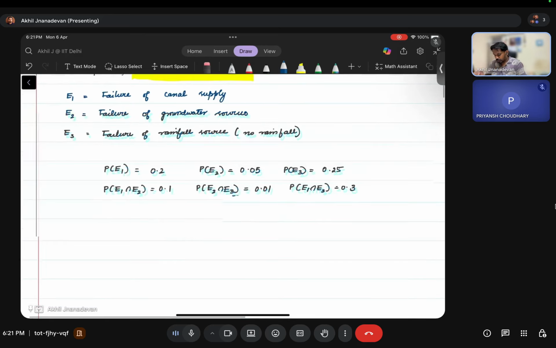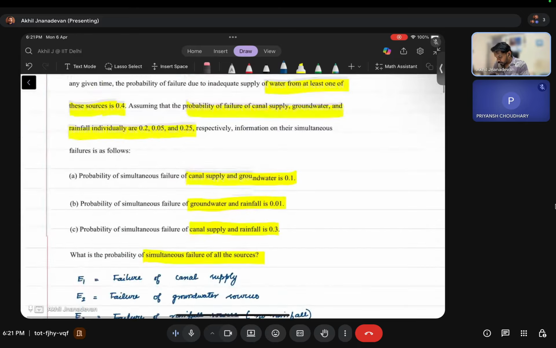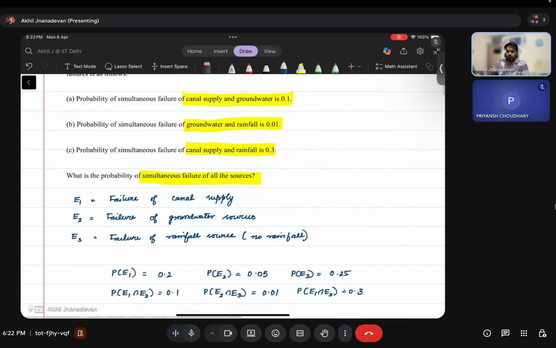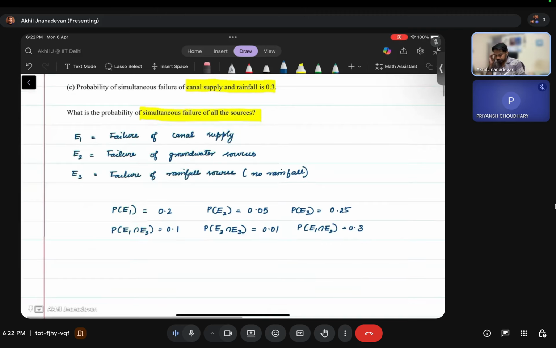And also one more thing is given, in the second sentence: at a given time, the possibility of failure due to inadequate supply of water from at least one of the sources. So that is the probability that any one of the sources can fail, that is failure of canal supply or groundwater source or rainfall source. For and we would be putting intersection, and for or we would be putting union.